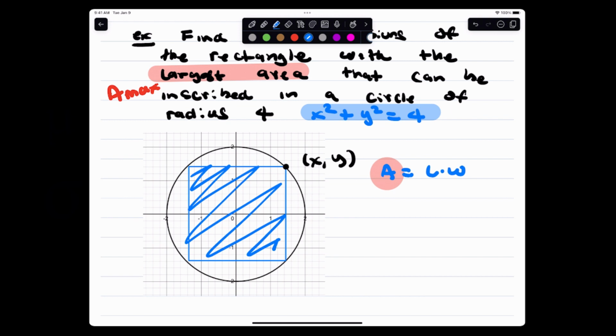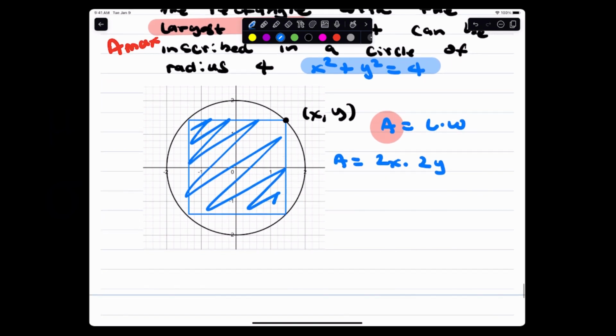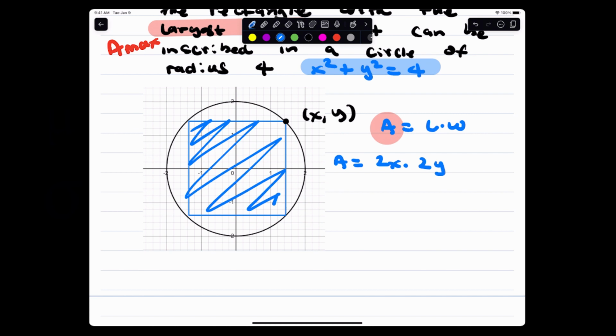Can I say my area here is 2x times 2y? Can I say that? Why can I say that? Length, what?